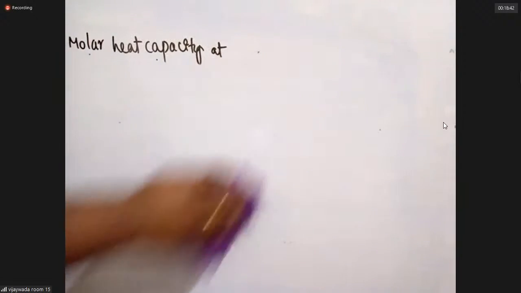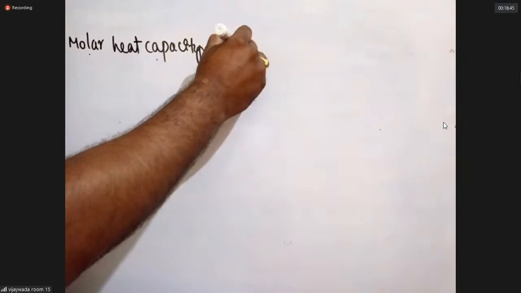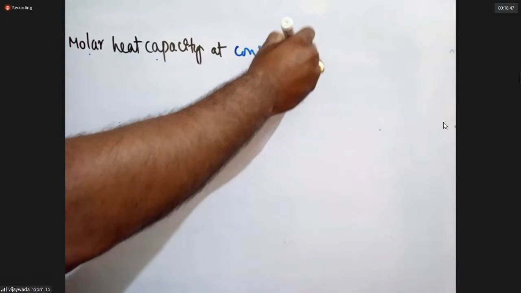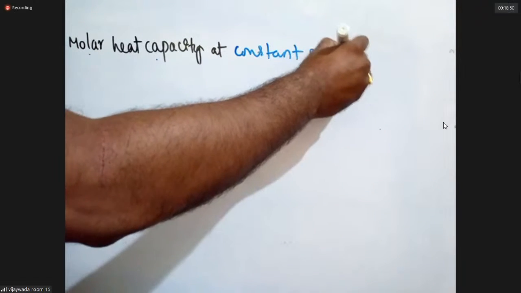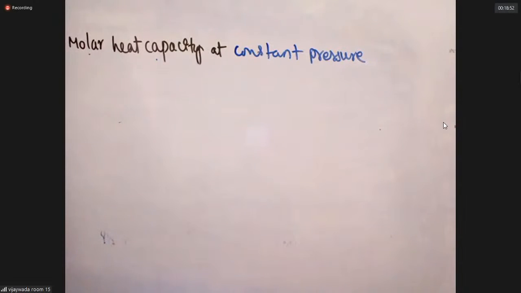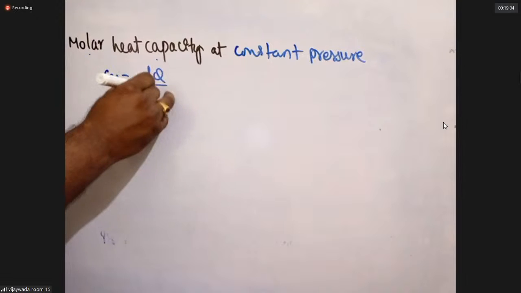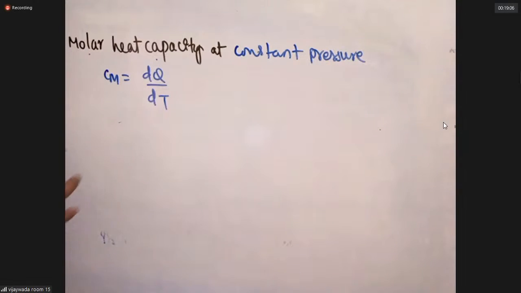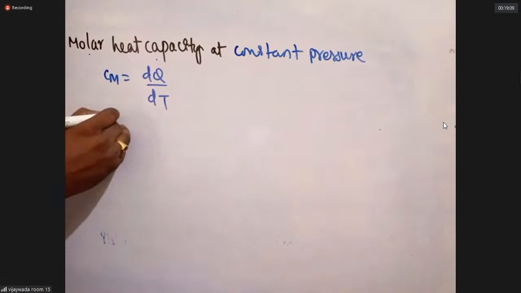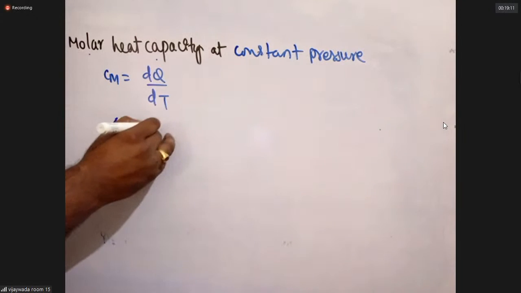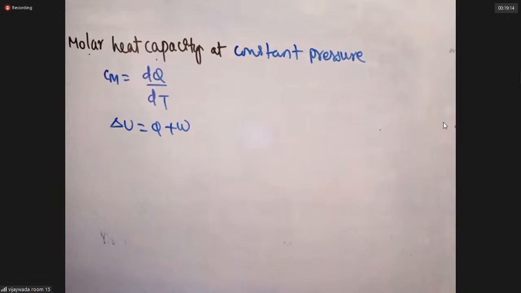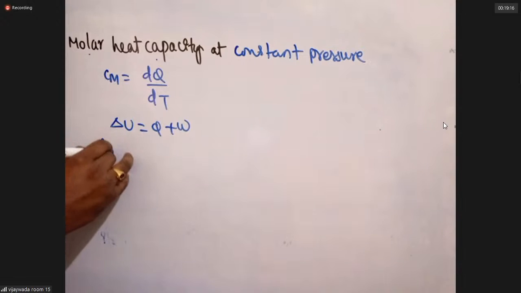molar heat capacity at constant pressure. If you keep pressure constant and you want to increase the temperature of the system by 1 degree by supplying heat, the equation is molar heat capacity equals dq by dt. At constant pressure, first law of thermodynamics, delta U equals Q plus W. Constant pressure is an isobaric process.